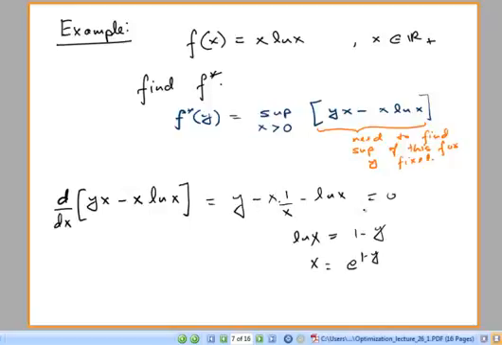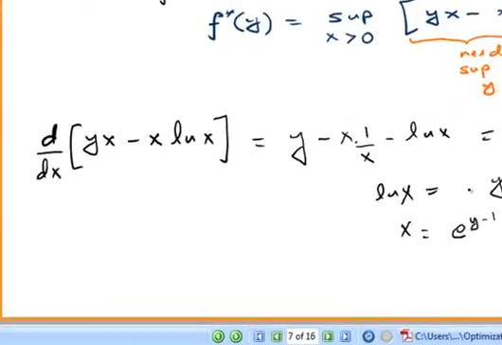So you get 1 minus y. It's y minus 1, right? Remove that log on that side. So it's y minus 1, and it's e to the power. Right?